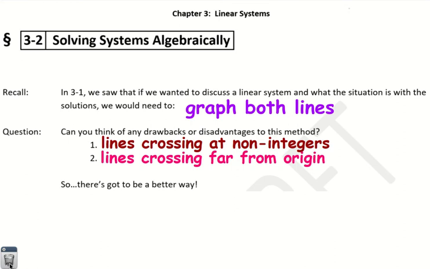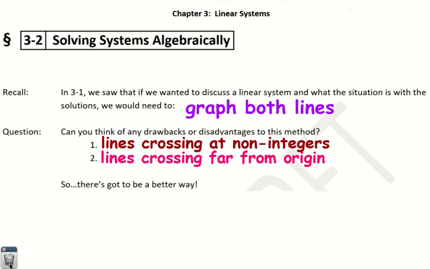Your graph is only so big on your paper. Again, it's not likely in most high school math problems, but two lines could be destined to cross at, like, 387 comma negative 502.